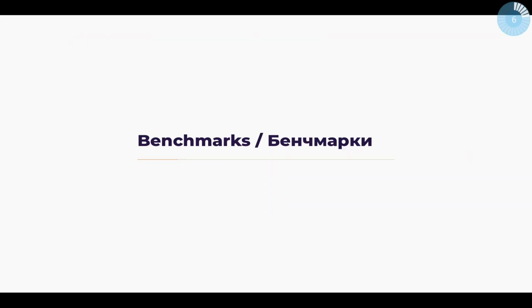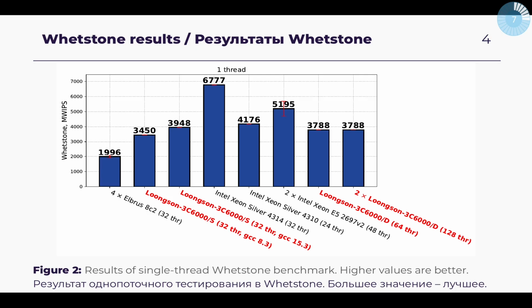Next slide. Yes, the first benchmark is Whetstone. There you see that Loongson is pretty good and about at the level of Intel Xeon Silver 4310 and Xeon E5 2697, and more than 2 times better than Elbrus 8C2.